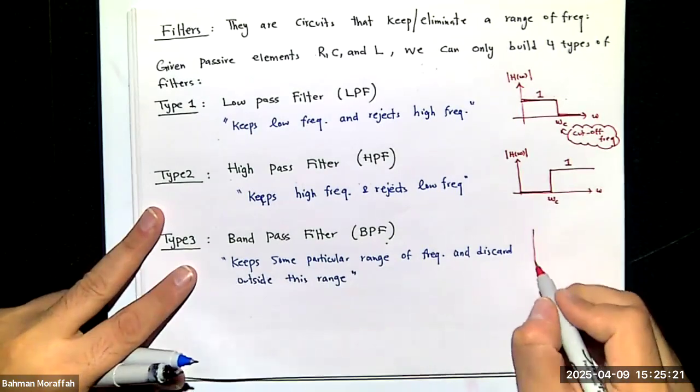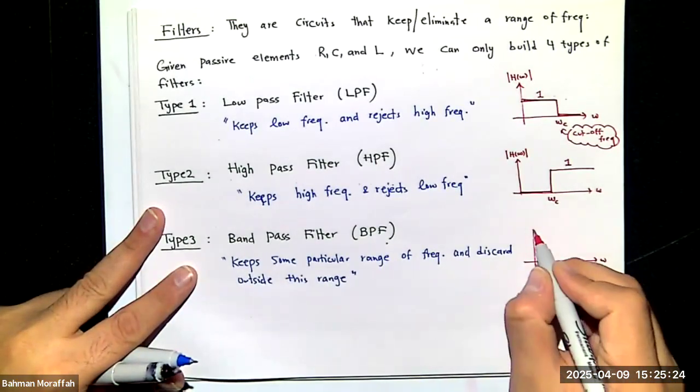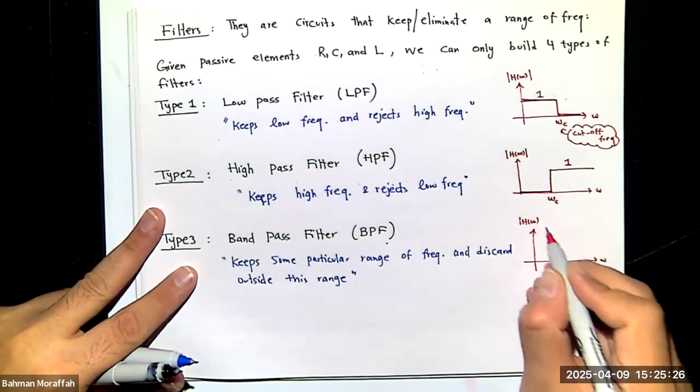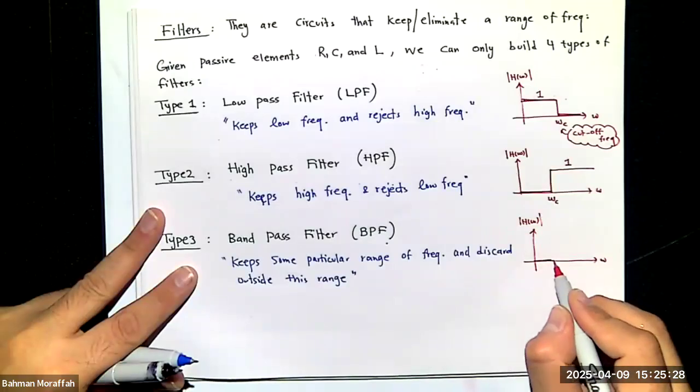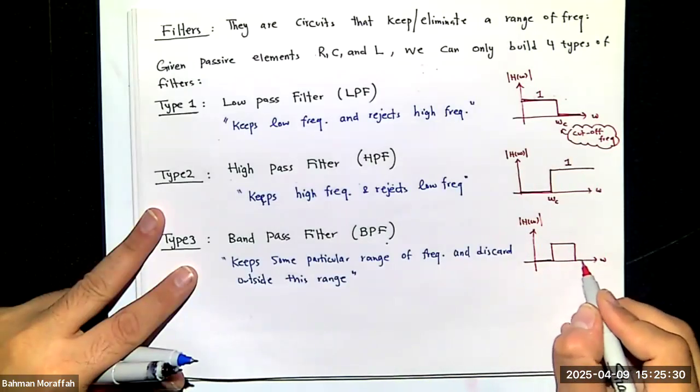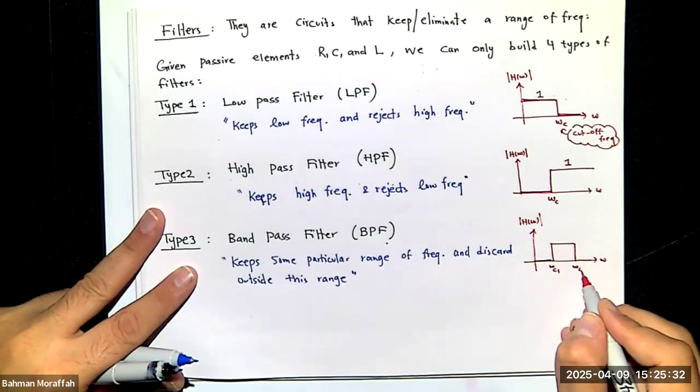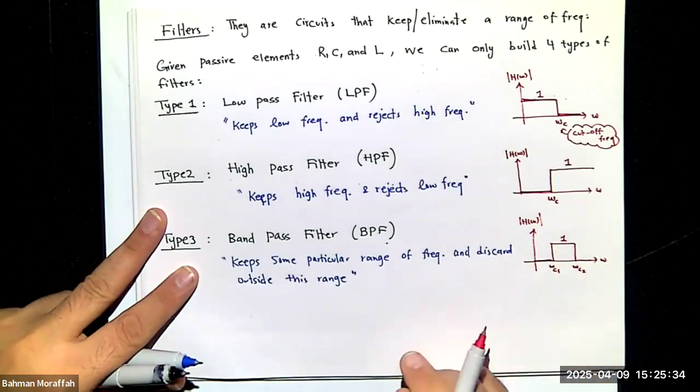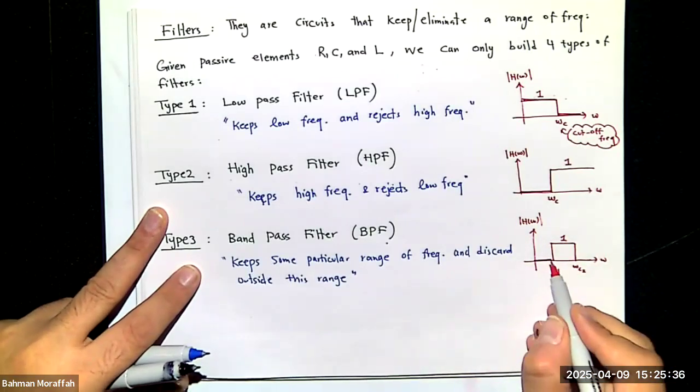Again, if I want to draw it, what it looks like is, let's just say the range I want to keep is between omega c1 and omega c2. So it keeps that and rejects the rest.